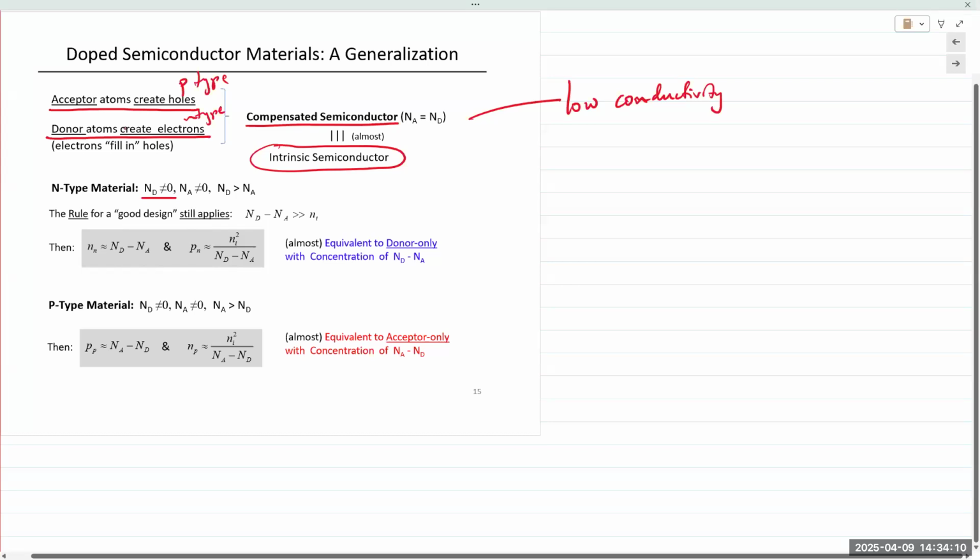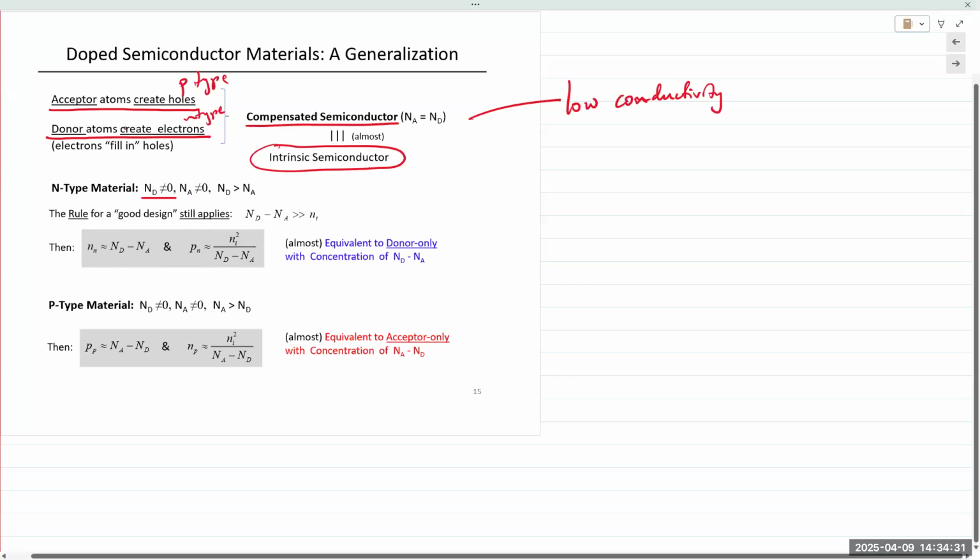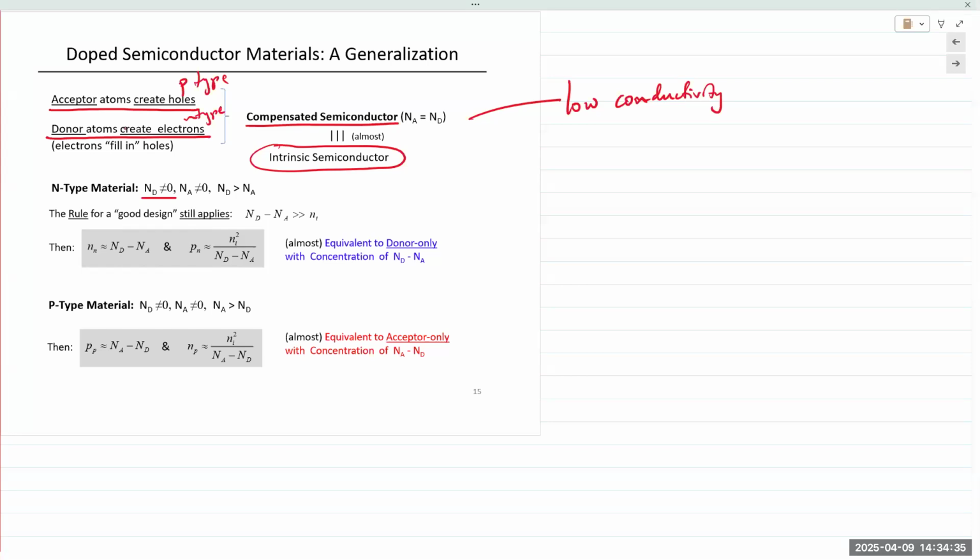But in real life, that's not possible. So even if you have an N-type material, there is a possibility that there are acceptor atoms present in the device. This could be intentional or unintentional. So the number of acceptor atoms is also non-zero, which is the second point.